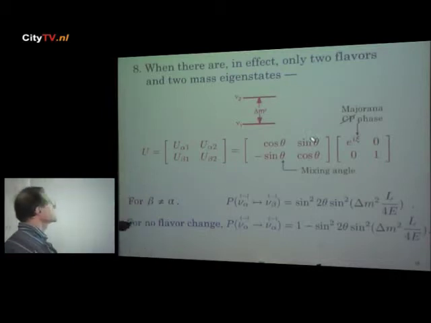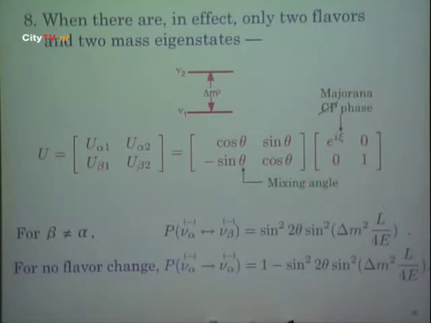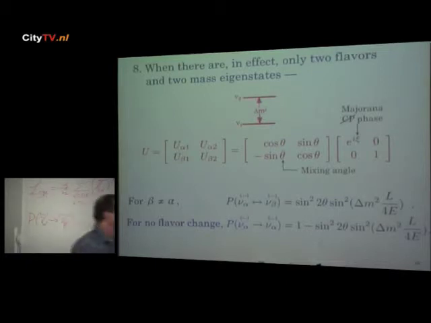The most general expression is a 2 by 2 rotation matrix depending on a rotation angle theta, which is called the mixing angle, times a matrix which has a phase in it, but this phase does not affect neutrino oscillation. And when you plug this mixing matrix and the approximation that there's only one delta m squared into this formula, it collapses to something very simple.